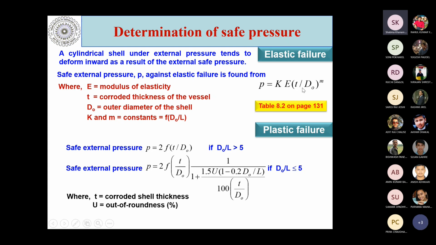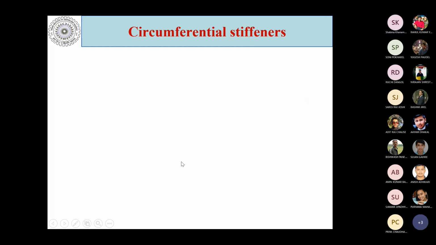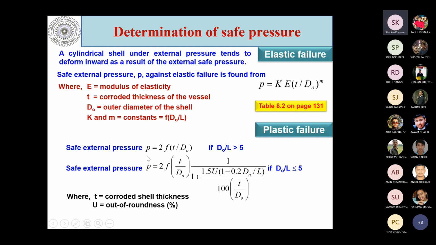So we will put this T in the suitable expression, and we will calculate this P. Now, this P is the safe external pressure for this T. Please try and understand, T we have first calculated from elastic failure. That T we have put in the expression of plastic failure, and we calculate this P.